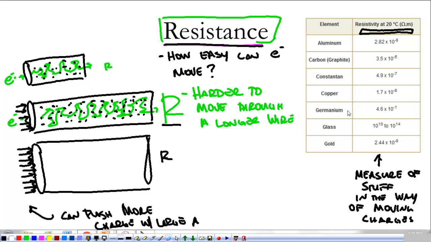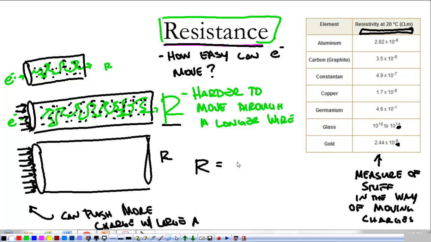The higher my resistivity, like in glass, that's 10 to the 14th, the more stuff is in the way. The harder it is to move charges through a given meter of my stuff. The lower, the smaller the resistivity is, like in gold, the easier it is to move stuff through.